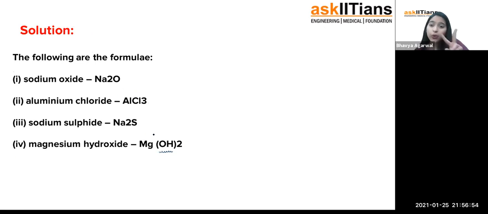But since it is 2 in number, if I simply write without parentheses, then what do you think it will refer? It will refer that hydrogen is 2 in number and not the entire OH. Therefore, this notation is a wrong notation. So whenever we have ions which are more than 1 in number, we always show it inside parentheses. That's a very important fact.